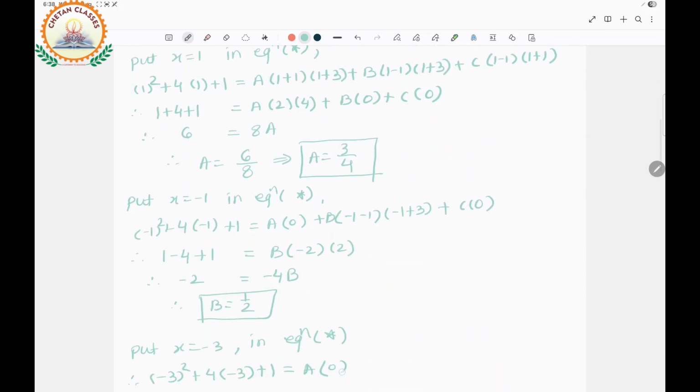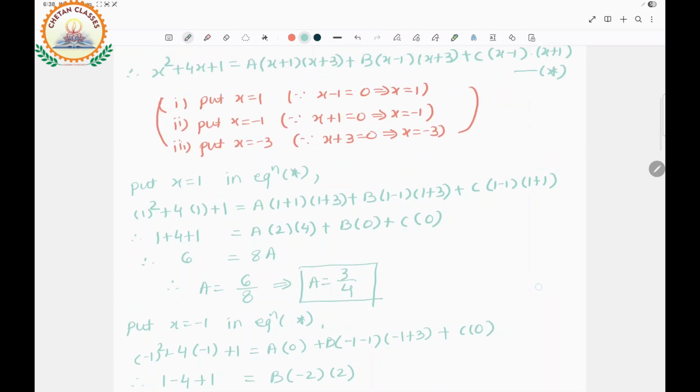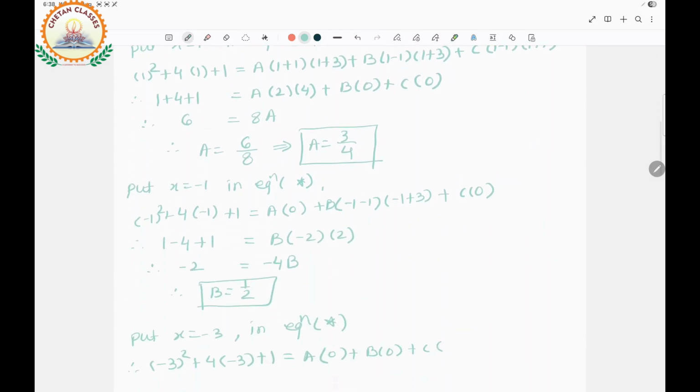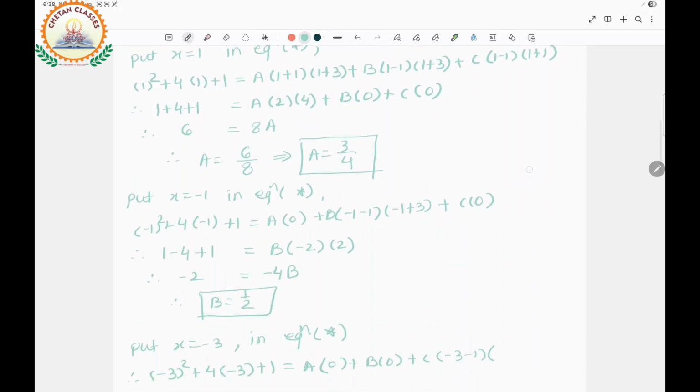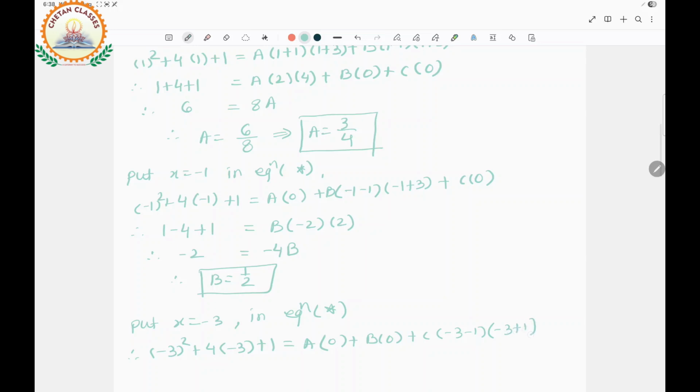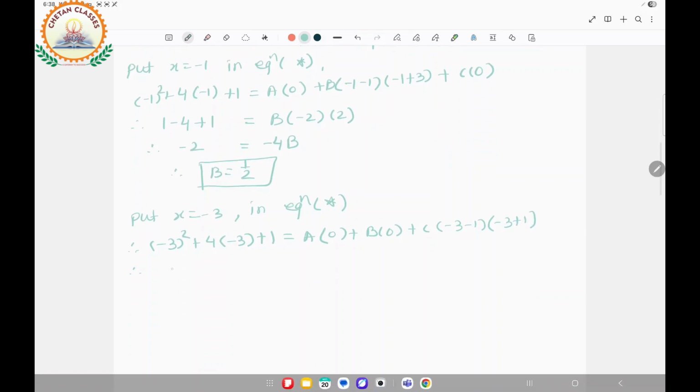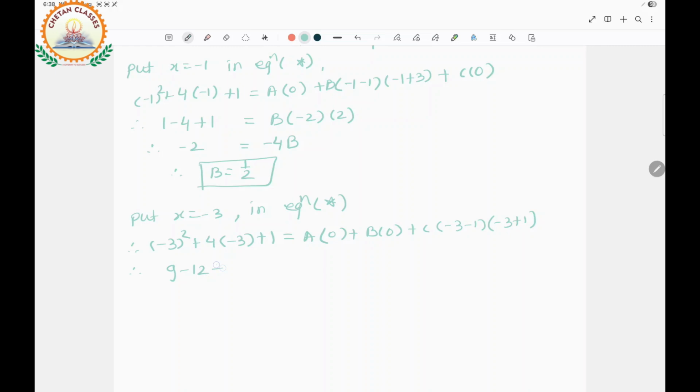So A into 0 plus B into 0 plus C into (−3 − 1)(−3 + 1). So (−3)² is 9, here −12 + 1 is equal to C into −4 into −2. So here 9 − 12 + 1, −2 is equal to 8C. Therefore, C is equal to −1 by 4.